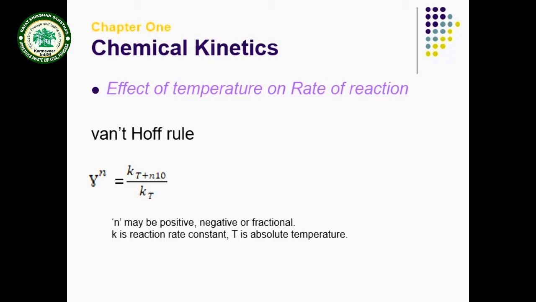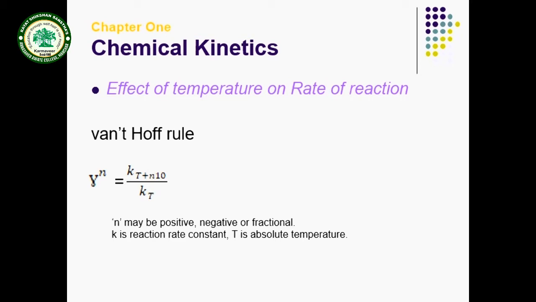So when temperature increases, the rate of reaction increases, because the reaction rate constant increases. If you imagine the reaction rate law equation, it contains the rate constant and the concentration terms of reactants raised to appropriate powers or exponents.